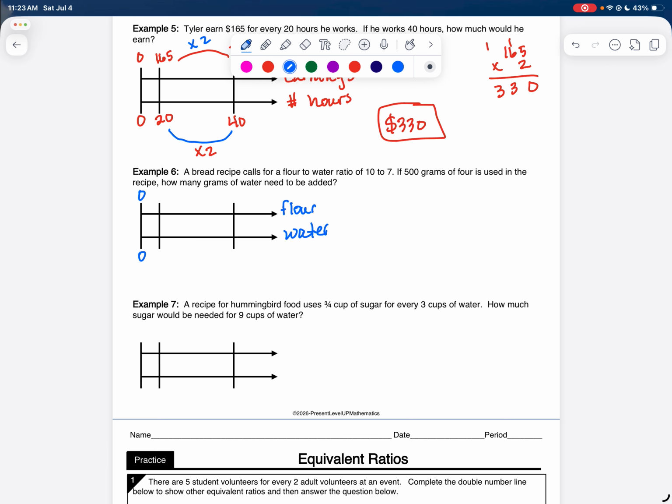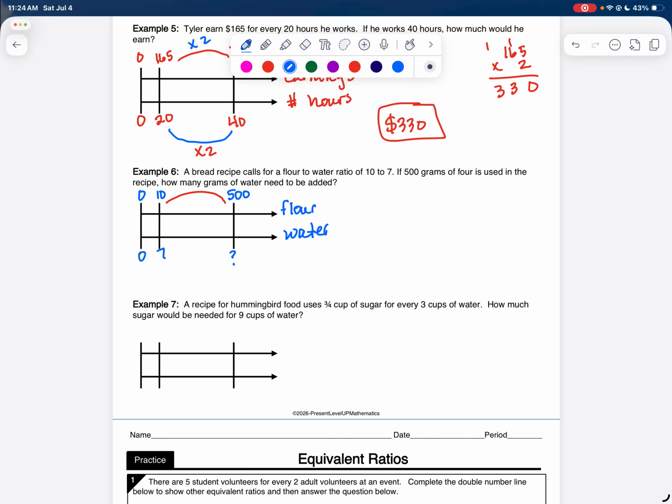And they gave us the ratio of flour to water was 10 to 7. Then the question says, if 500 grams of flour is used, how many grams of water would we need? So I know the amount of flour is 500. We do not know the amount of water. So what we have to do is figure out, what did we scale by to jump from 10 to 500?